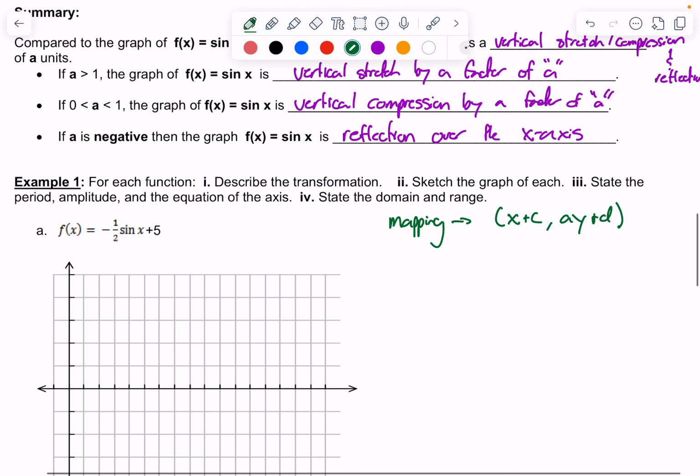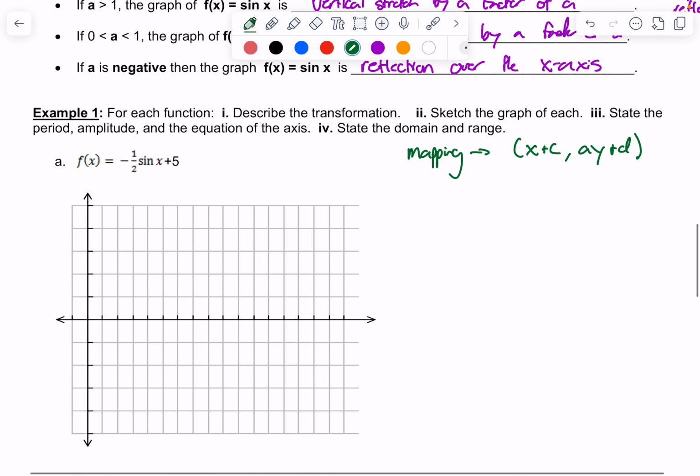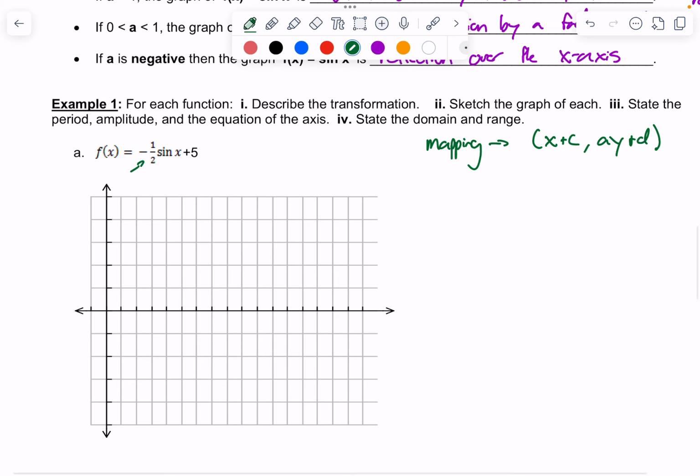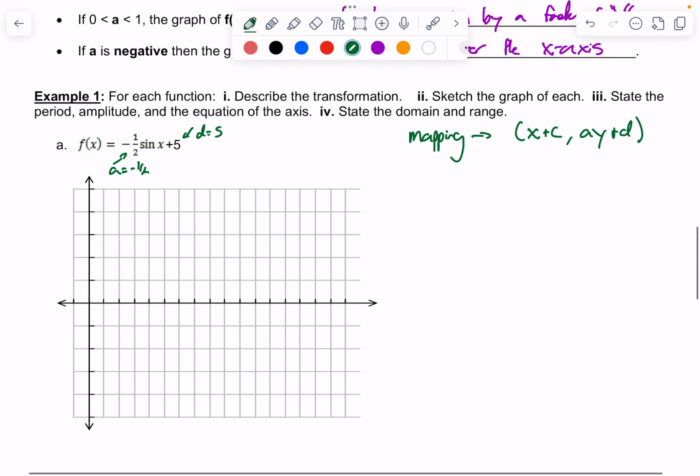So when we look at our function over here, our a is -1/2, here our d is 5. So if we plug that into our mapping notation, we're going to have x, no c value, but we'll have -1/2 y plus 5.